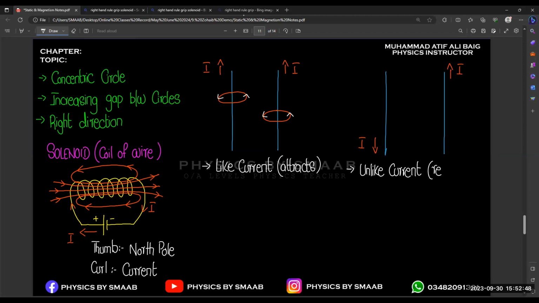They will repel each other, right? Because if we just mark the magnetic field, this will be for the downward one, and this will show you the direction of magnetic field for the upward current direction.